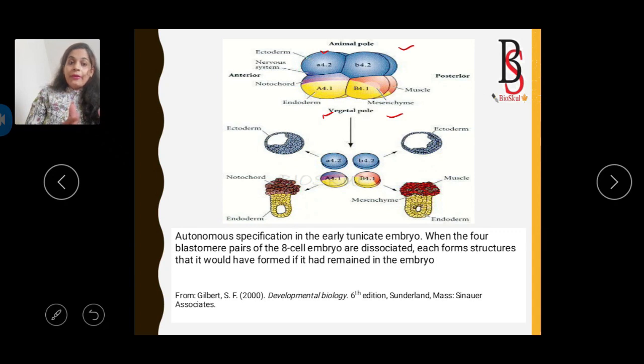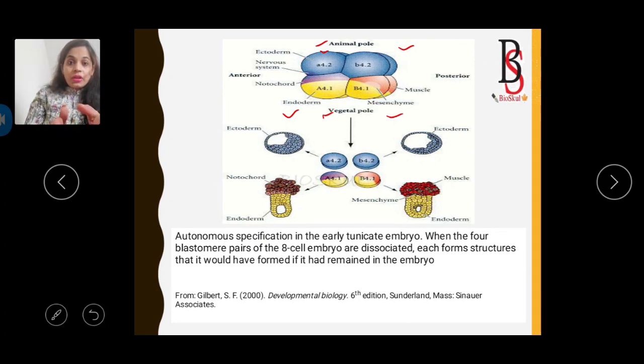But after dissociation, each forms the structure that would have been formed if it had remained in the embryo. Like this one: A4.2 and B4.2 form the ectoderm, A4.1 forms the endoderm, and B4.1 forms the mesoderm.